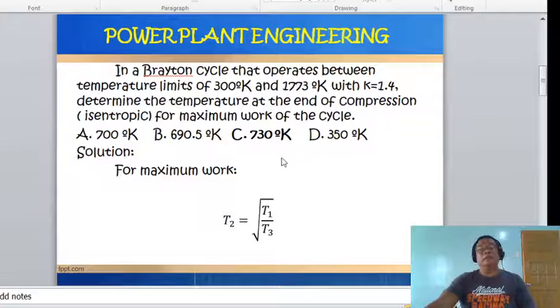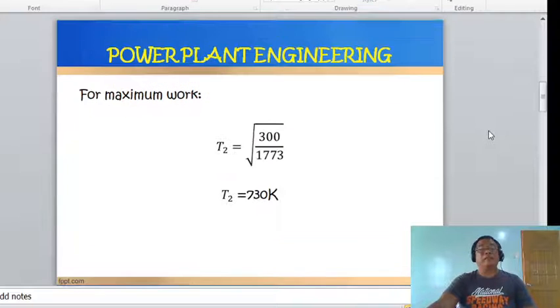As you see in the options, the answer is letter C, 730. Let us solve to see if this answer is correct. For maximum work, T sub 2 is the square root of 300 over 1773.